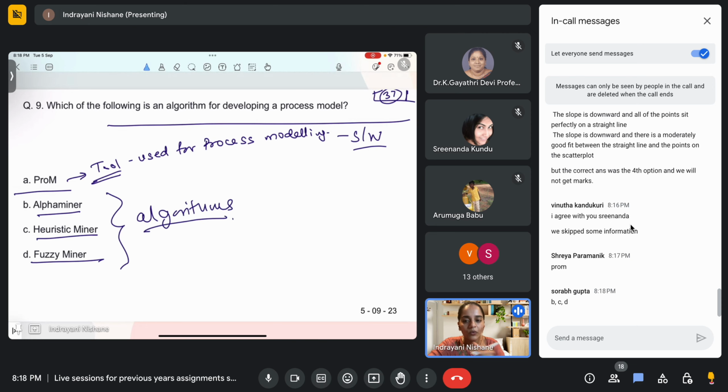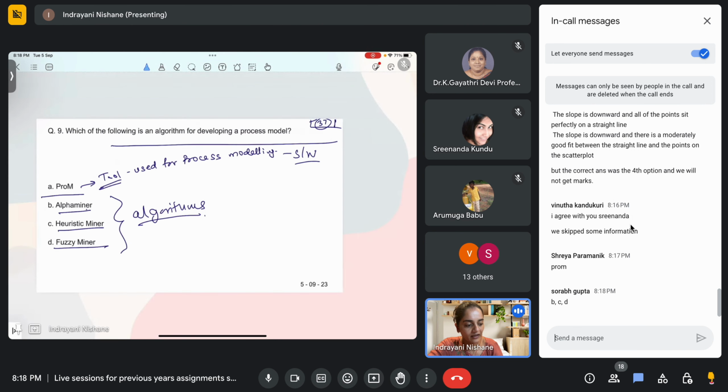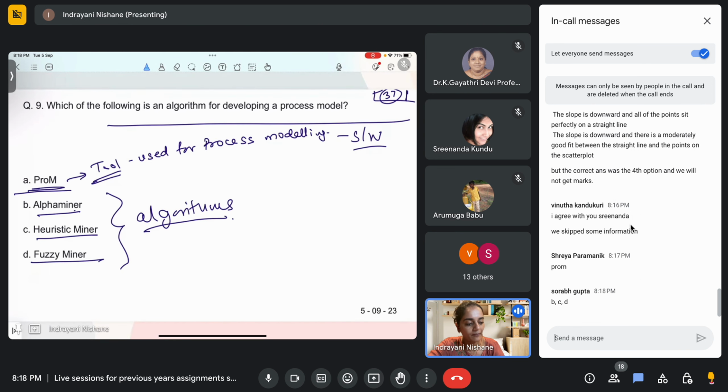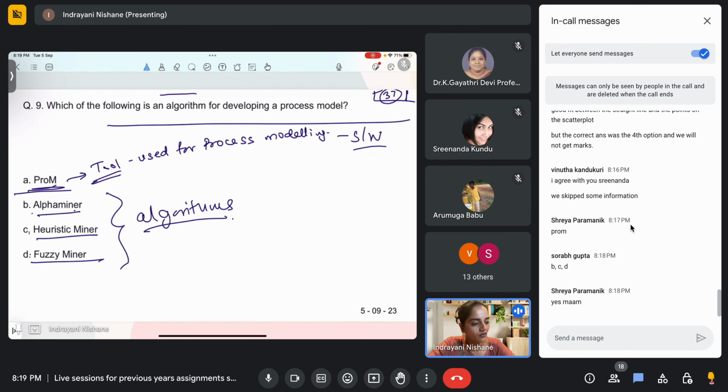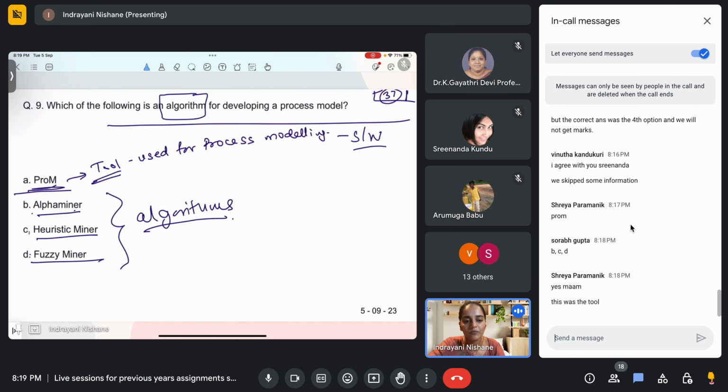So don't get confused. The words ending in miner are all algorithms, and ProM is the process modeling tool. So the correct answers are B, C, and D, and not ProM. Okay, Shreya, I think now your doubt is clear. You want to change your answer? You have said ProM. The question is asking for algorithms. So these three are algorithms and ProM is the tool.